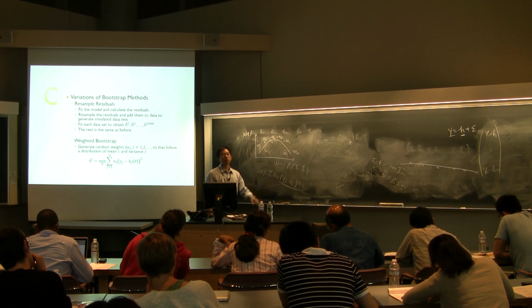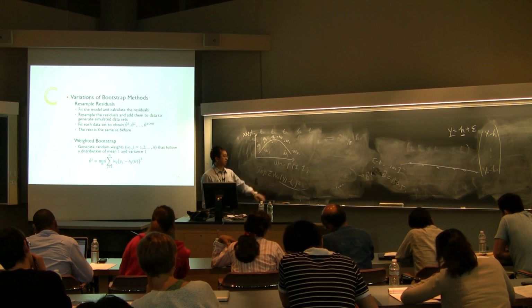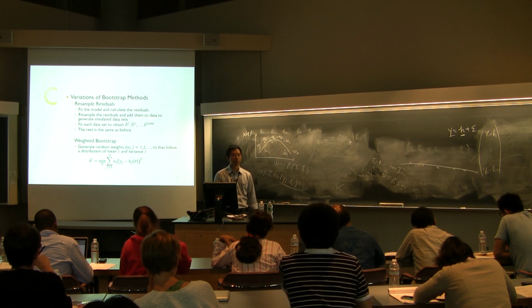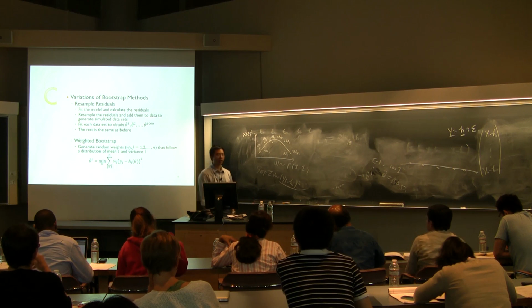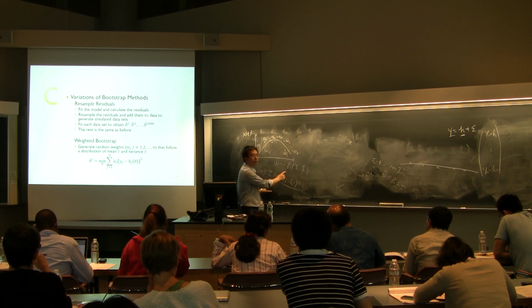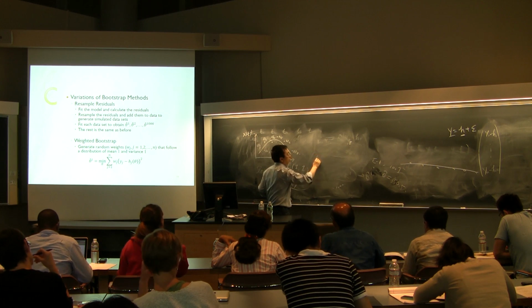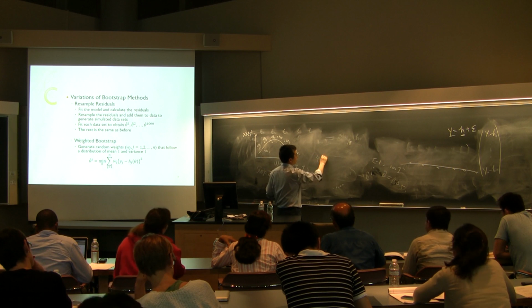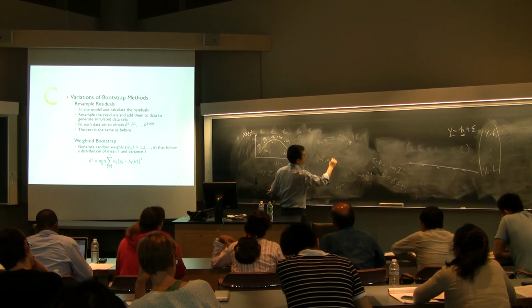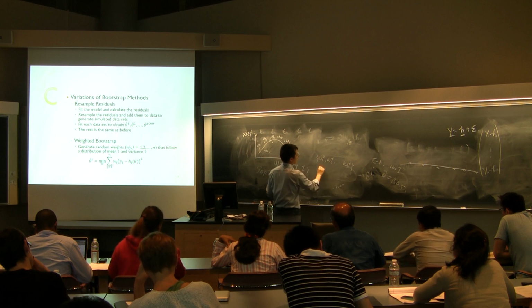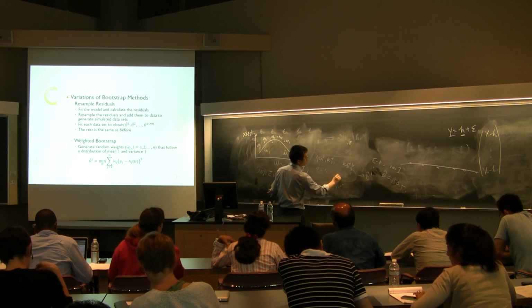This is another way to do the bootstrap, called the weighted bootstrap. Same thing: you generate 1,000 sets of weights, W1i, W2i, up to W8i, where i equals 1 to 1,000.